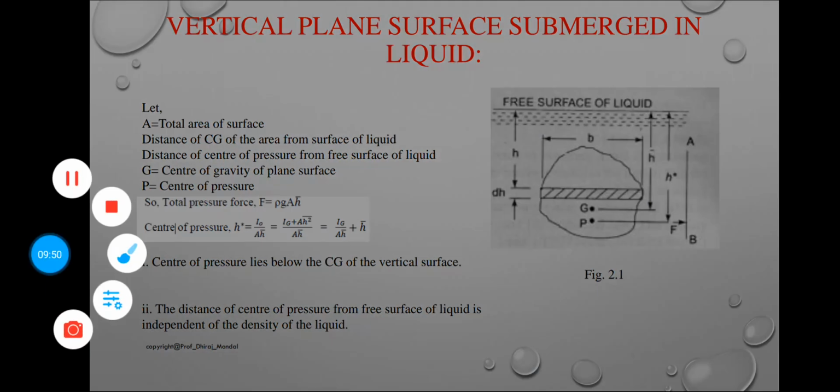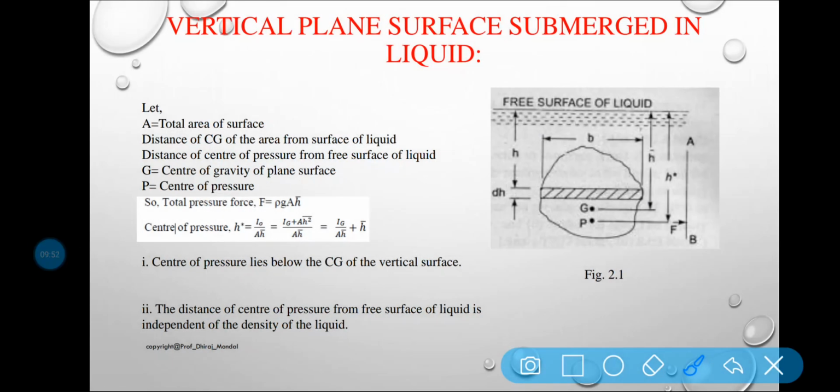Now here in this diagram you can see, from the free surface there is a distance to the center of gravity, and this distance is called h bar. H bar means the distance between the free surface and the center of gravity of the body. Let us consider P is the center of pressure and it is lying somewhere below the center of gravity.